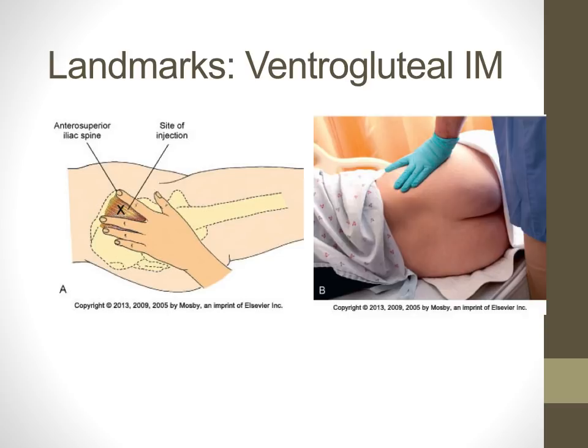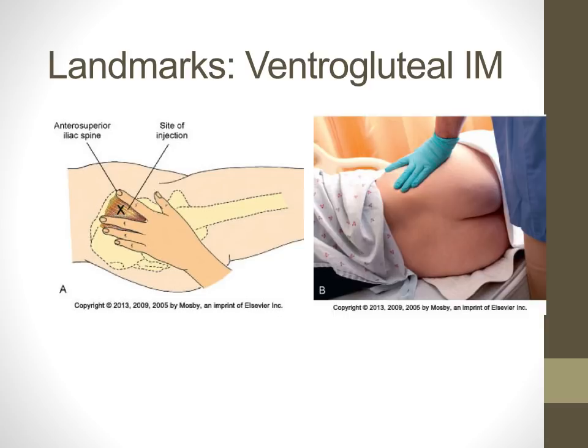You're going to point your first finger to the top of the iliac crest, the anterior superior iliac spine, and you're going to separate your first finger and your second middle finger, and you're going to create a V. Your thumb is going to be pointing toward the patient's groin.